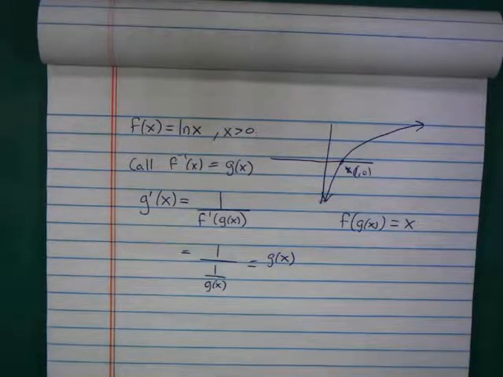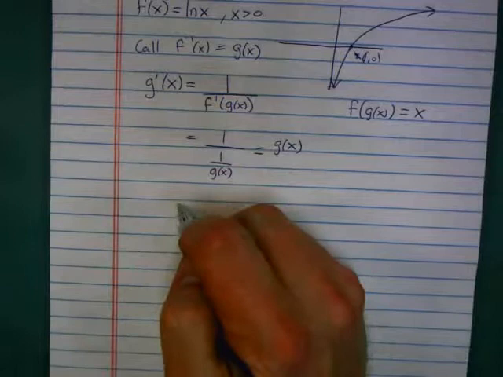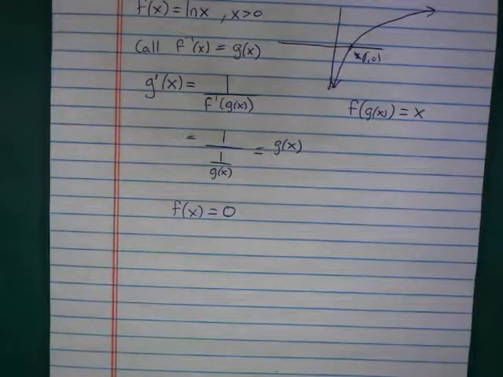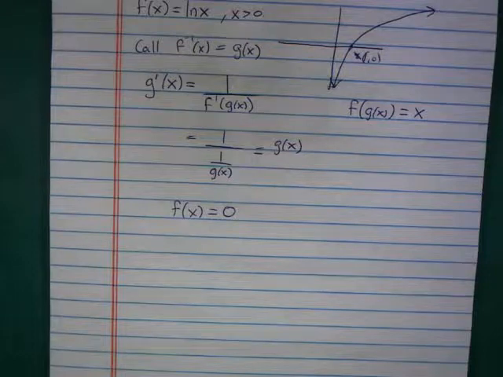Nobody knows the other function? It is obvious. What's the derivative of 0? It was almost too easy, right? The derivative of 0 is 0. So those are the only 2 functions.